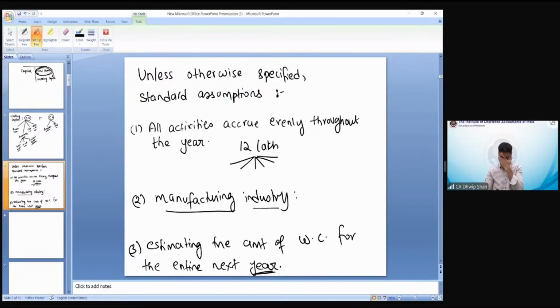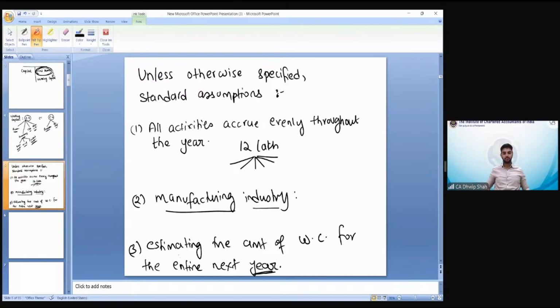Are you following? So these are the standard assumptions of this chapter, unless otherwise specified. Number one, all activities accrue evenly throughout the year. Means sales is the same for each month, stock is the same for each day or each month, purchase is the same for each day or each month, expense is the same for each day or each month.